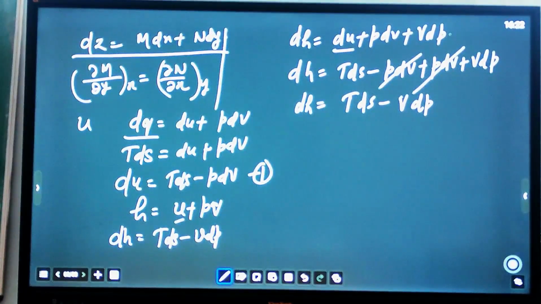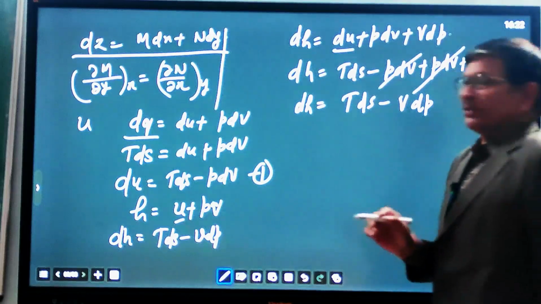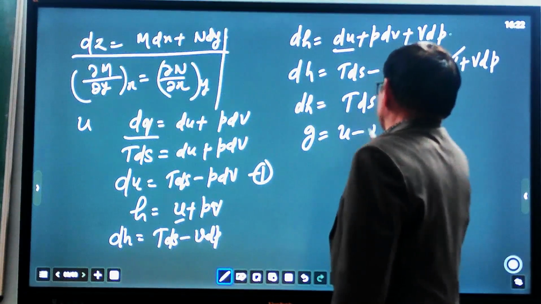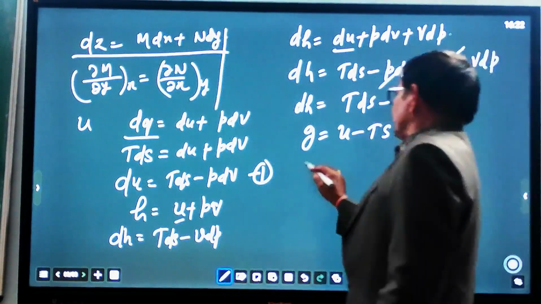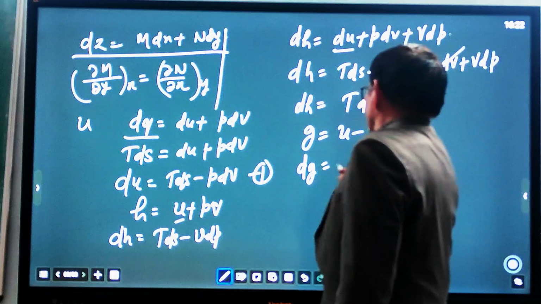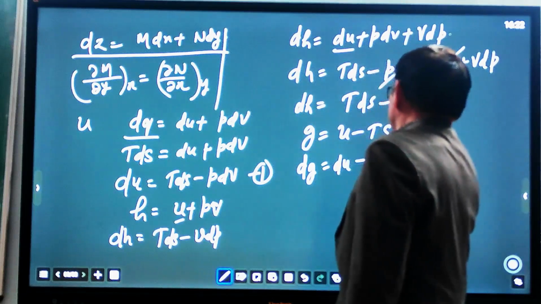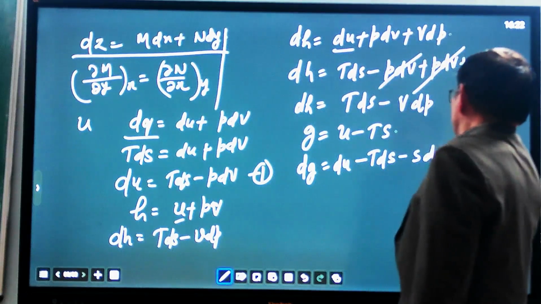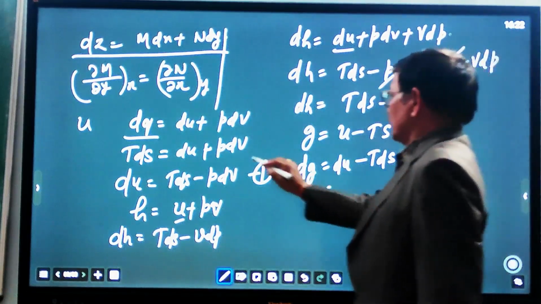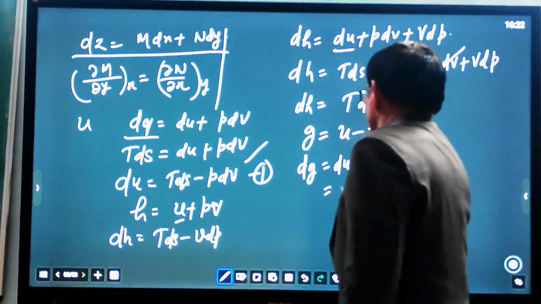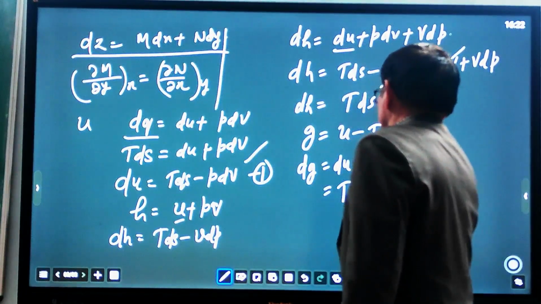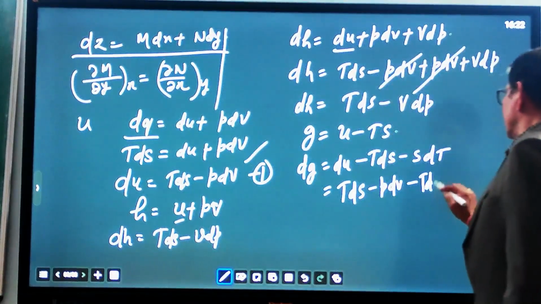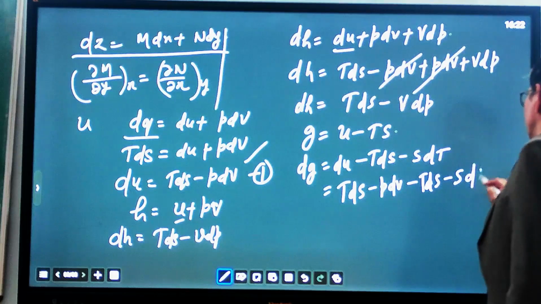And the third thermodynamic potential is the Helmholtz function F. F can be defined as U minus TS. So dF equal to dU minus TdS minus SdT. Putting the value of dU from equation number 1, dF equal to TdS minus PdV minus TdS minus SdT.